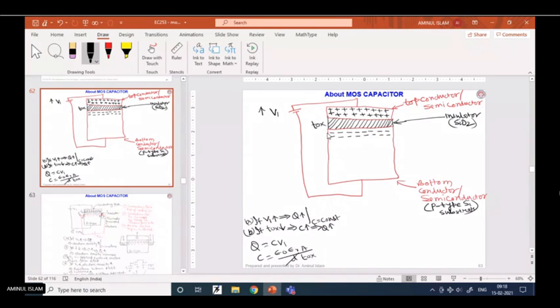Suppose now I want to make a contact point here. This contact point I'm making here, another contact point I'm making here. From this contact point I am connecting a supply voltage.